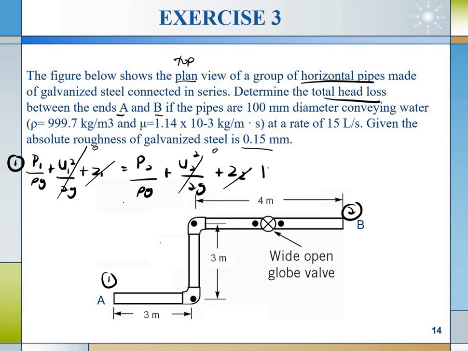In this Bernoulli, we have to consider the HF, which is the heat loss. So we have major and also minor. So rearrange the equation. P1 minus P2 over rho g is equal to HF.